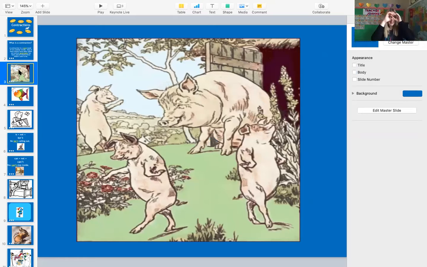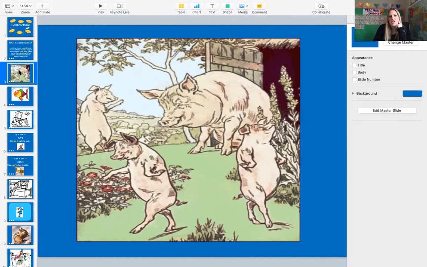Friends, look at this picture. What do you see? I see pigs dancing. Do they look happy? Good, they look happy.